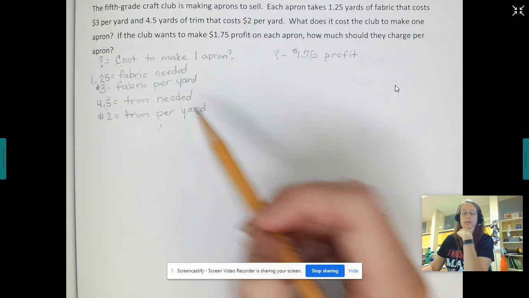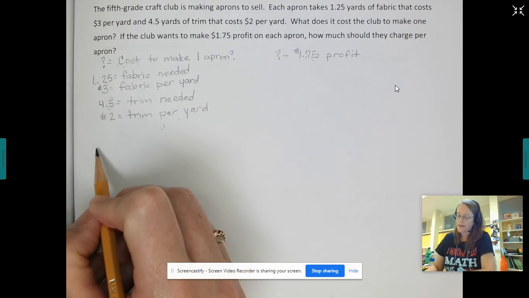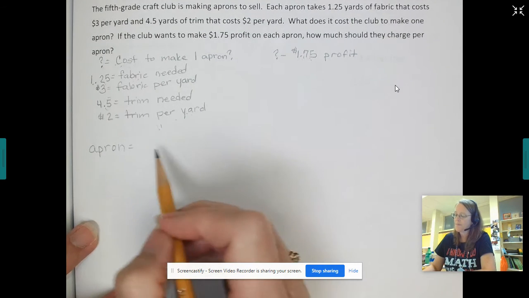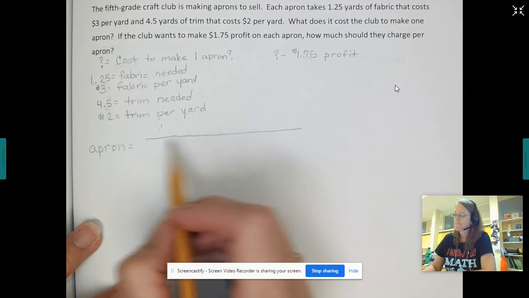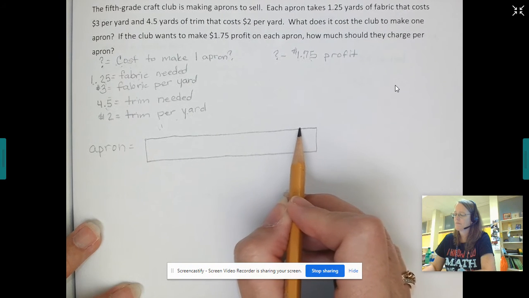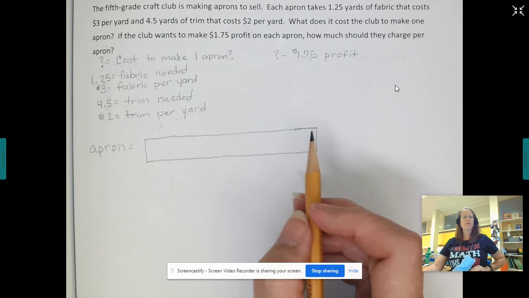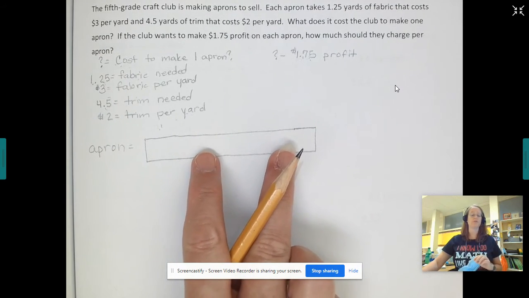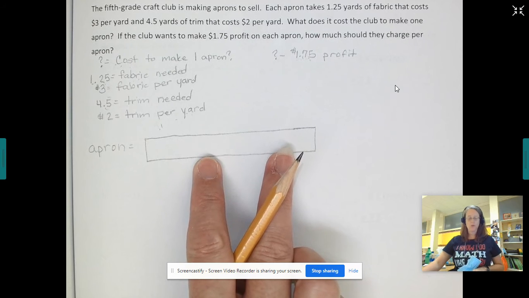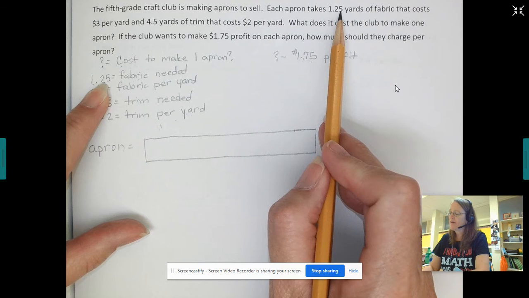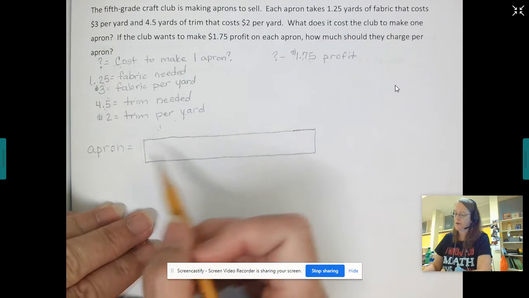So let's draw a tape diagram and let's let the whole piece of tape represent the apron. Okay, so let's go back and think about what we need in order to make this apron. Well, we need 1 25 yards of fabric.